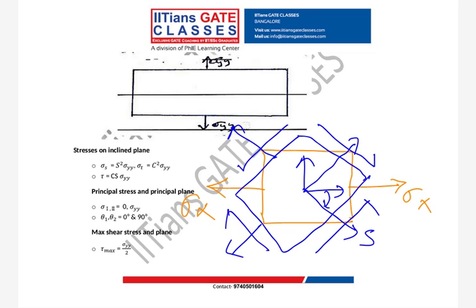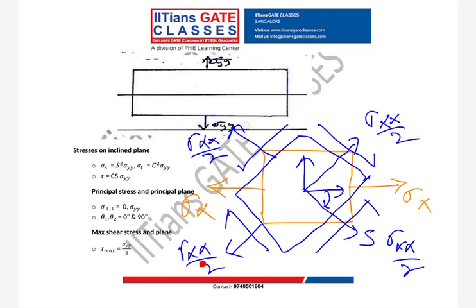You can see the normal stresses somehow look similar, but what you are seeing change is the way the shear stress acts, which is different from the previous case. This is just due to the change of orientation.